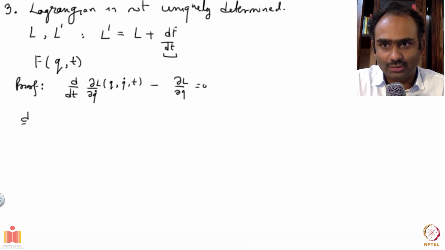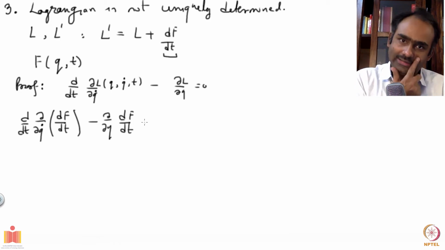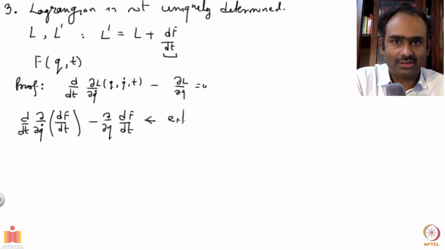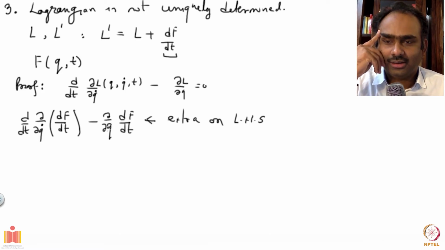You will get d over dt del over del q dot of df over dt, minus del over del q of df over dt. This is what you will get extra on the left hand side. And I would like to show that this is 0. How do I do that?